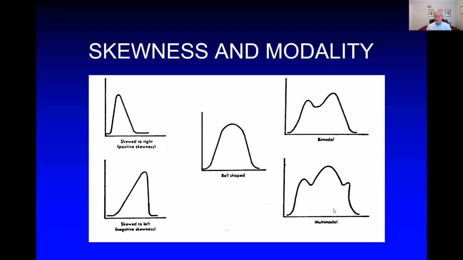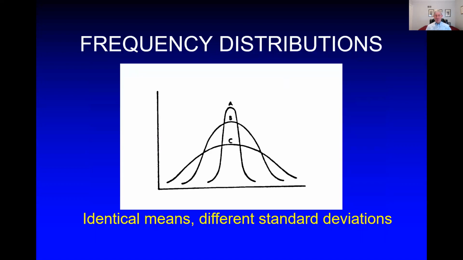Or maybe there are more people who are 25, especially 50 and 75 than any other value. That would be a multimodal curve, or you probably could get away with calling it a trimodal curve, I would imagine. So any questions about skewness or modality? Okay, good.